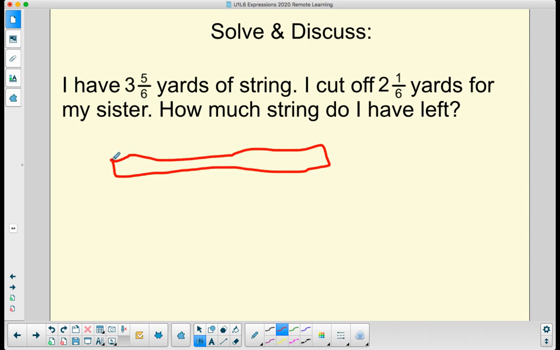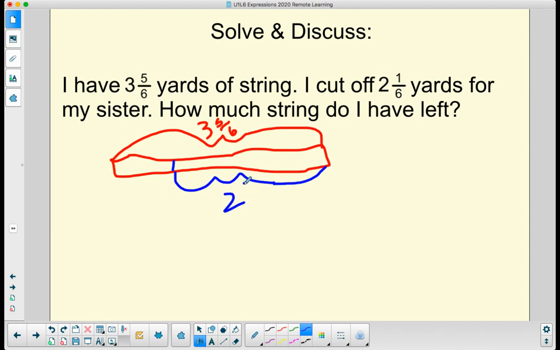My string, they told me my whole that I have is 3 and 5/6. If I cut off 2 and 1/6, how much string do I have left?